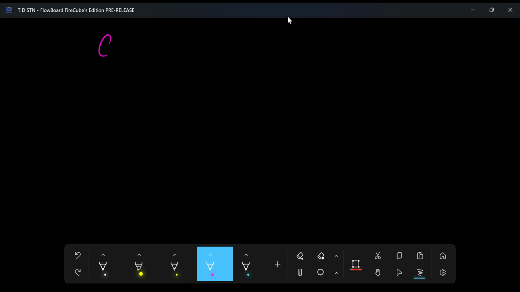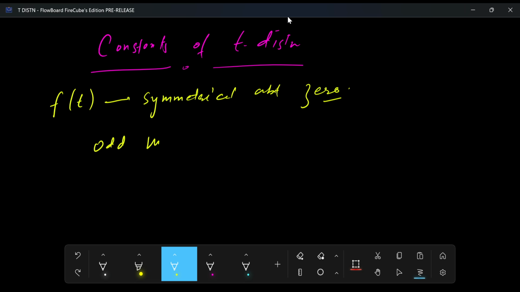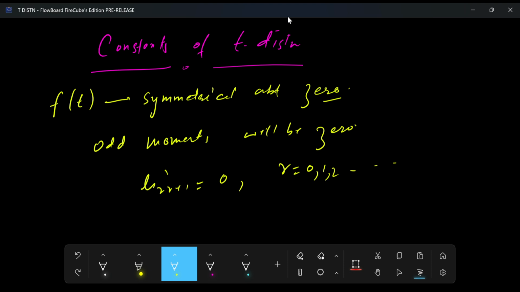And what are the constants of the T distribution? So see, as you know, f of t is symmetrical about 0. As I said earlier, the odd moments will be 0, as mu 2r plus 1 dash will be 0 for r equal to 0, 1, 2 and so on.